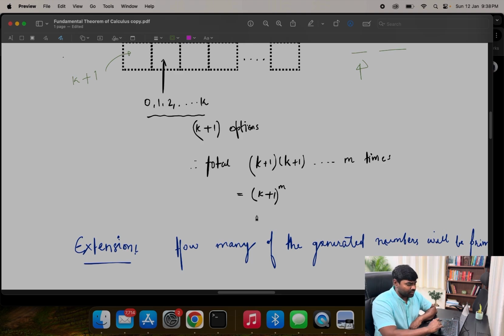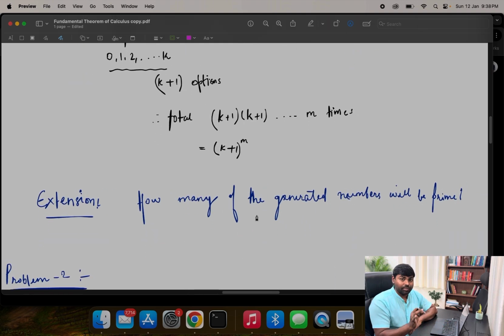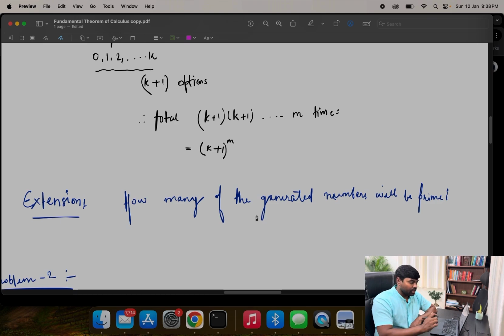As an extension to this, we can think about how many of the generated numbers will be prime numbers, all right? So if you had 3 and 7, the example that we took, if you're doing 3 times 7, that is 21. It is obviously not a prime because you just multiplied two numbers to get there. So how can it be a prime, right? So the question is, how many of these generated numbers will be prime? See, it's quite simple.